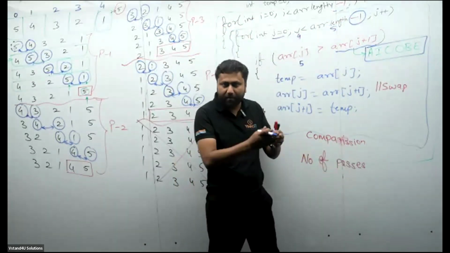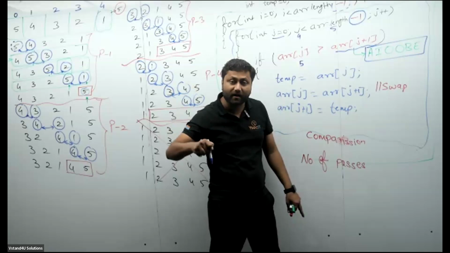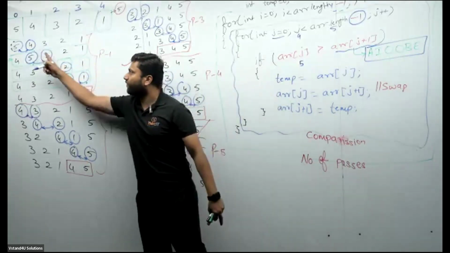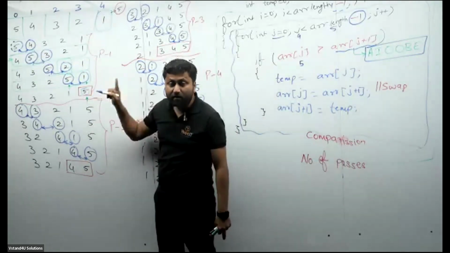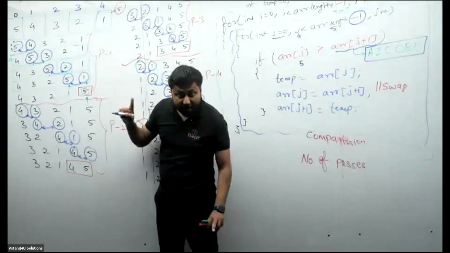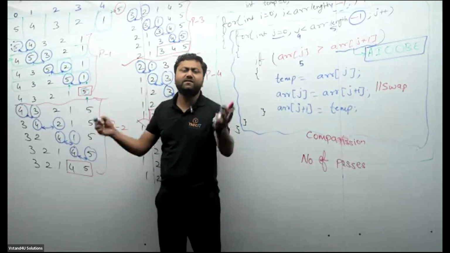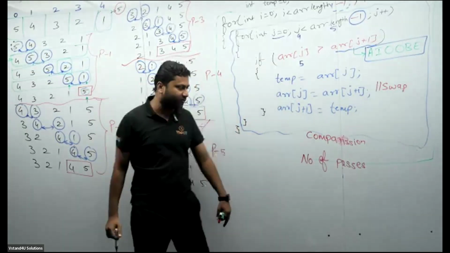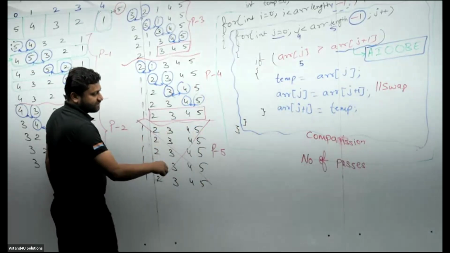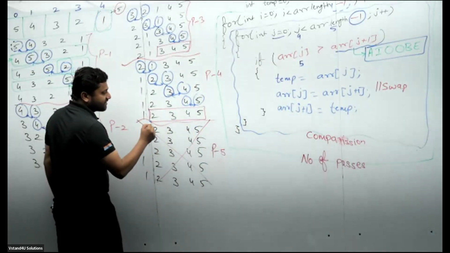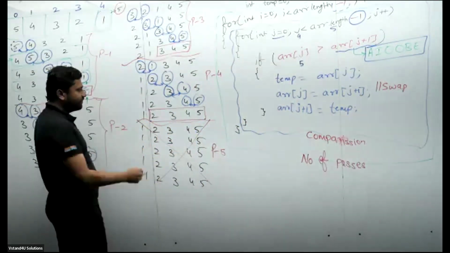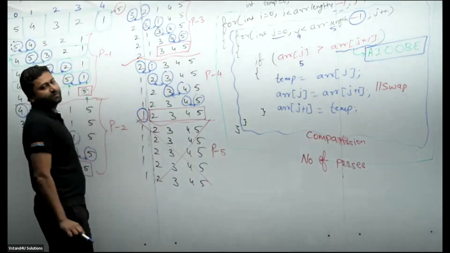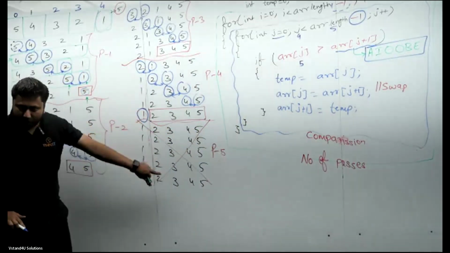This is the logic for one pass comparison: the number of comparisons within one pass. How many passes? Consider as many passes as the number of elements. But we have observed the last pass is actually unnecessary, because n minus 1 elements are placed at the right position, which means this element is also at the right position. No need to do one more round of iteration.